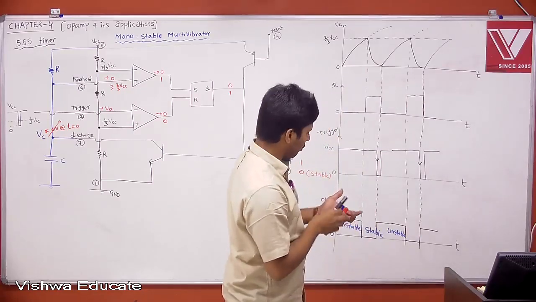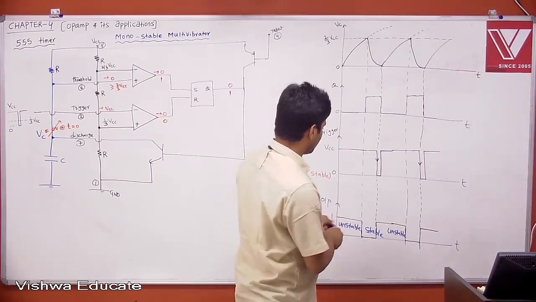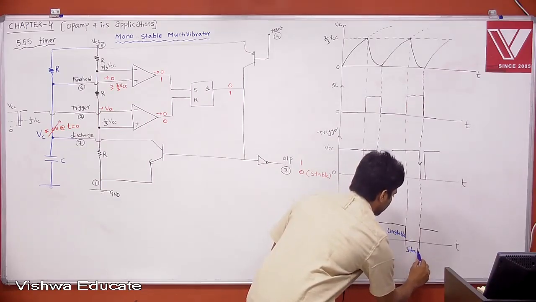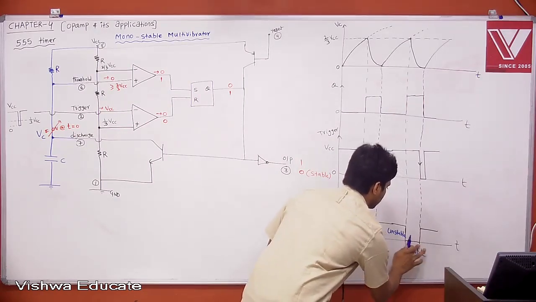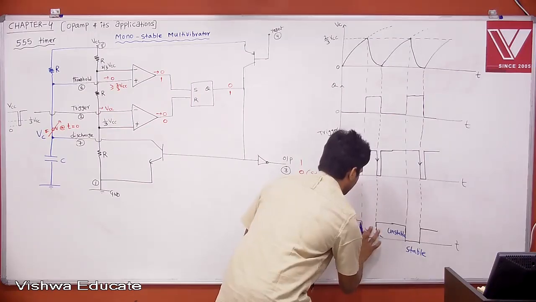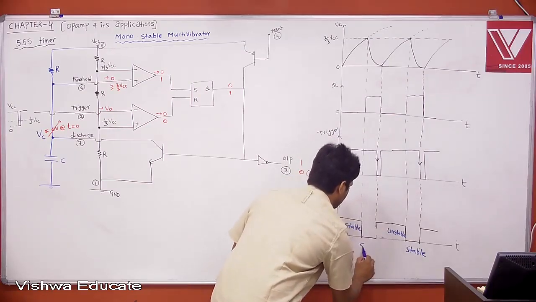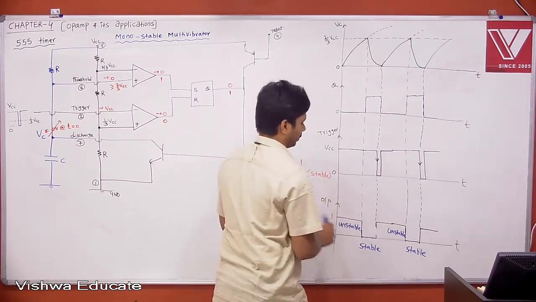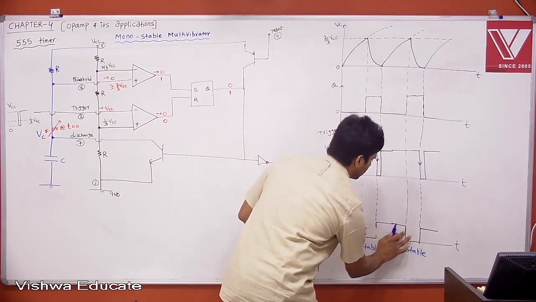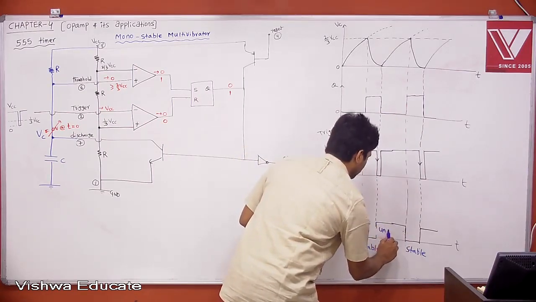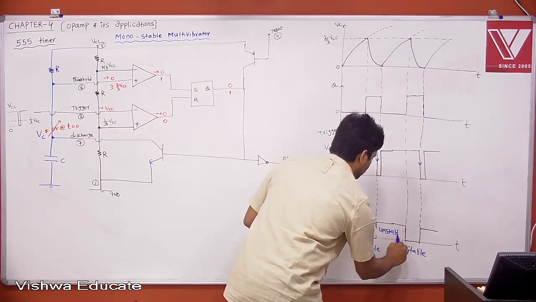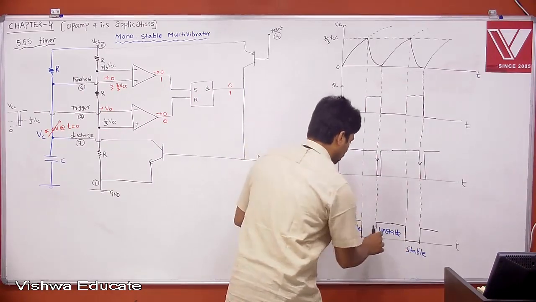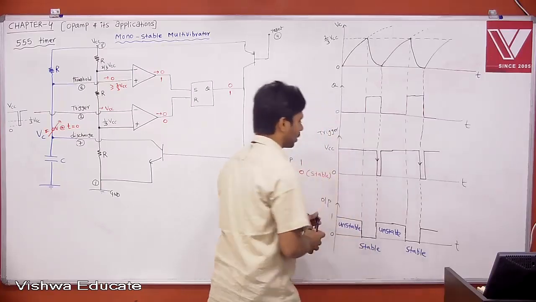Therefore, if you observe clearly, this is the stable state. Now it is stable state. This is our stable state. This is stable state. This is unstable state. This is your output.